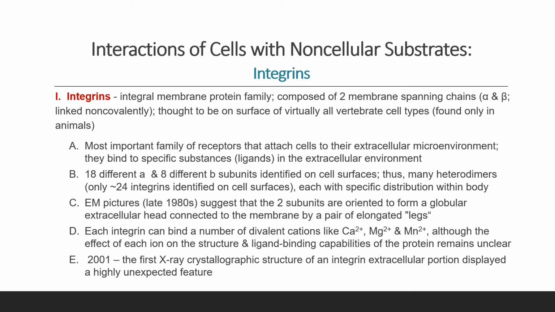Each integrin can bind a number of divalent cations like calcium, magnesium, and manganese, although the effect of each ion on the structure and ligand binding capabilities of the proteins remains unclear. When you say cations, these are positively charged molecules or ions. In 2001, the first X-ray crystallographic structure of an integrin extracellular portion was displayed with a highly unexpected feature.